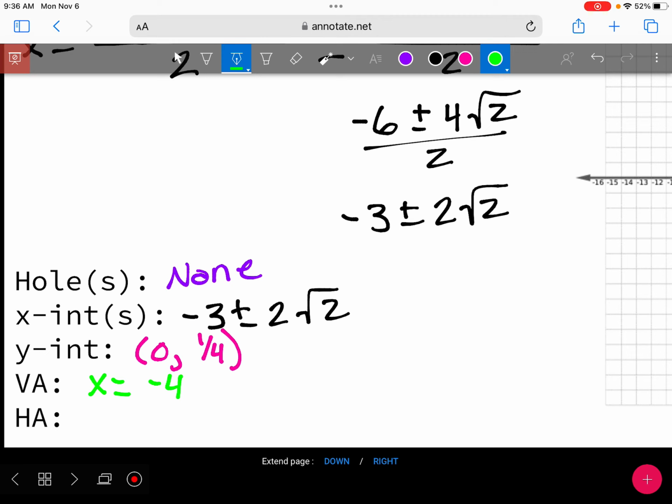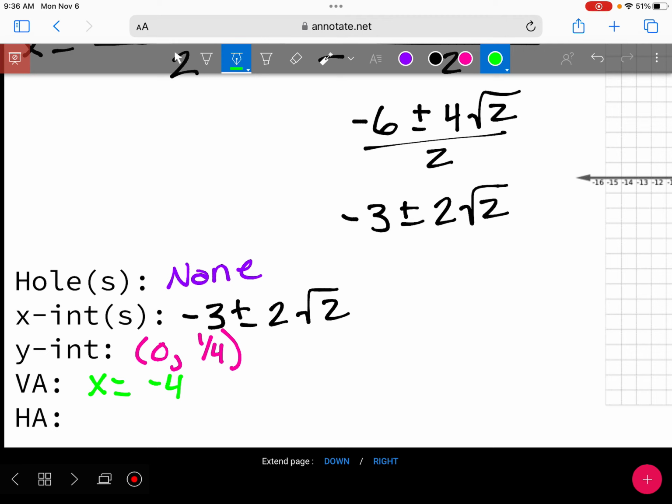Now we're looking for that end behavior asymptote. What do we need to do here? I say check the ratio of our leading coefficients, right? See if it's easy. I have 1x squared on the top. How many x squareds do we have on the bottom? 0.